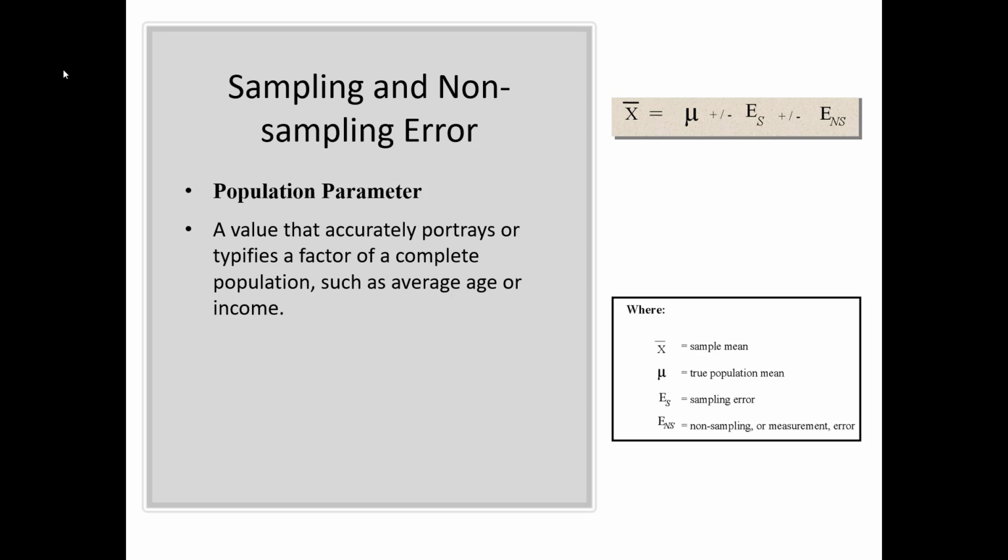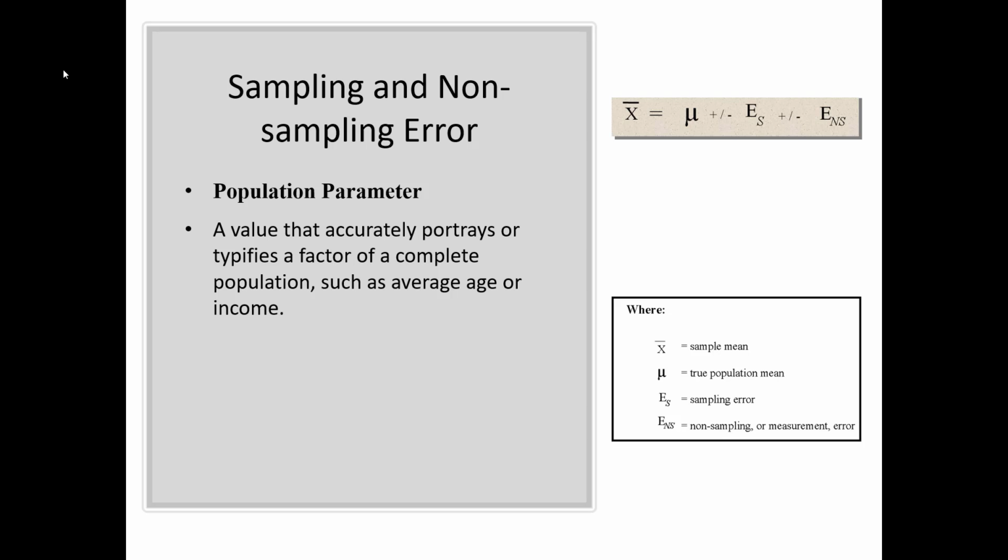For example, we want to figure out some values about the population, and we can do some calculation based upon the sample mean. The sample mean, which we write as x-bar, approximates mu, the true population mean, plus some noise: sampling error and non-sampling error.